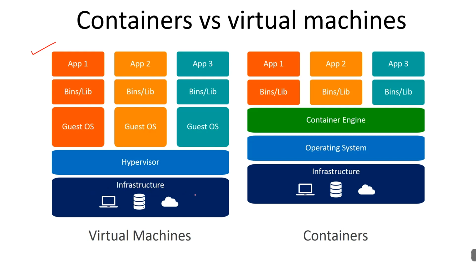These things are present in the infrastructure. Above the infrastructure there is a hypervisor, and above the hypervisor there is an OS. This is the main structure of our system.